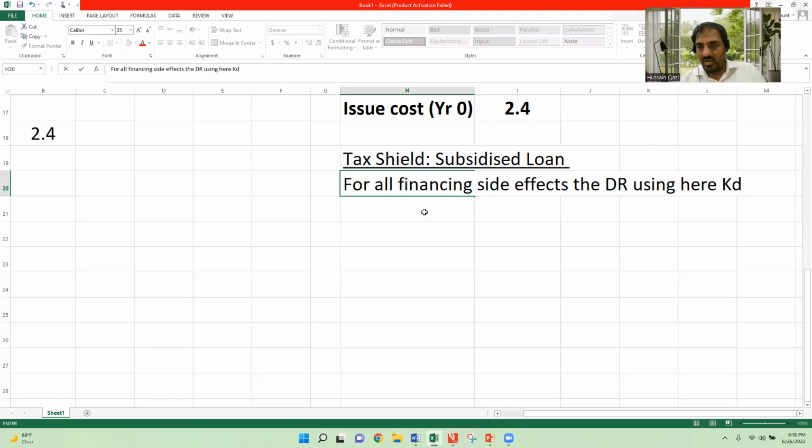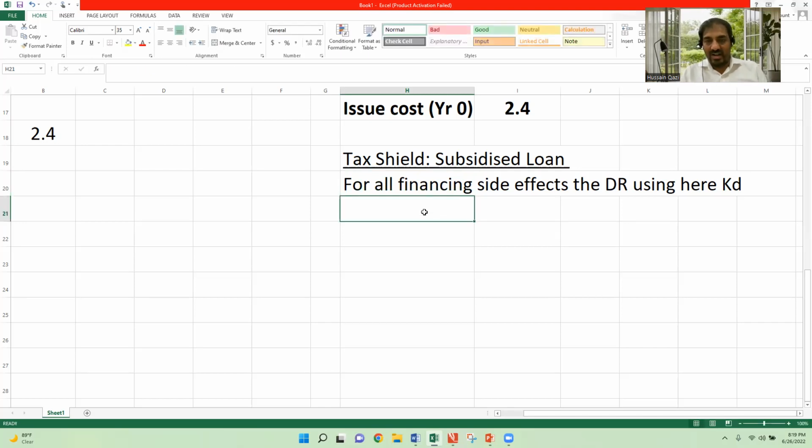So you can take either KD or RF, preferably KD, but take any one, and that discount rate will be applicable with all the financing side effects. Issue cost is assumed at year zero, so it doesn't affect the time value of money, but the tax shield for the subsidized loan, for the normal loan, and even the value of the subsidized loan.